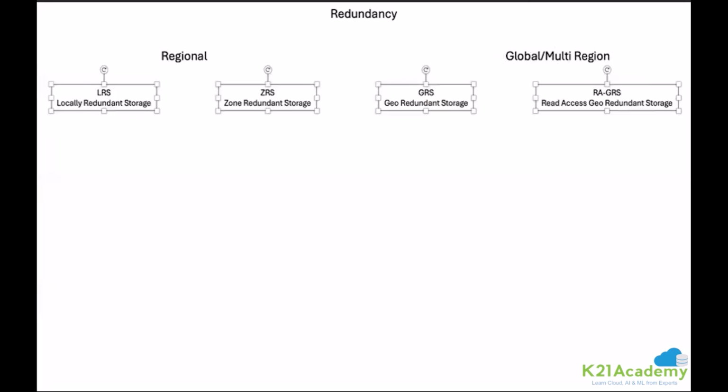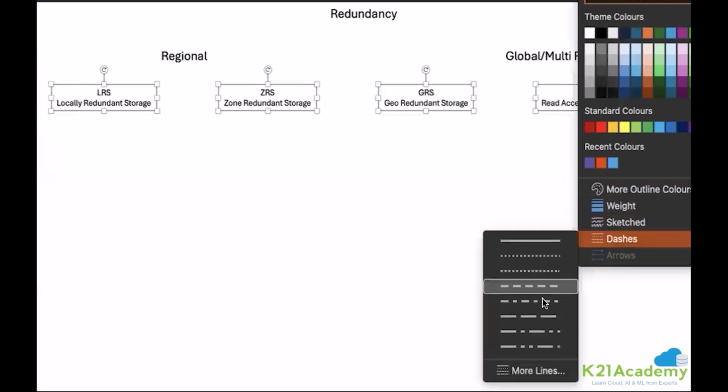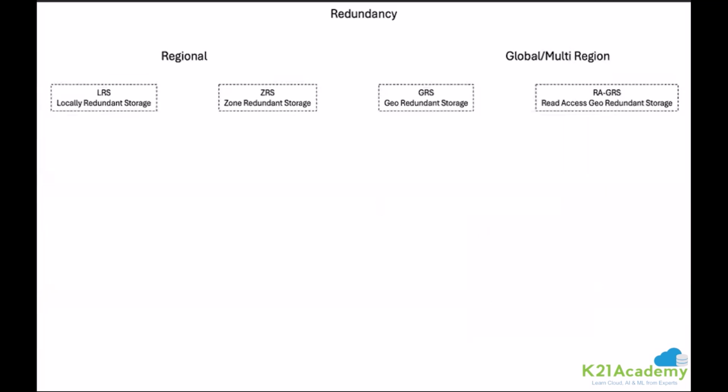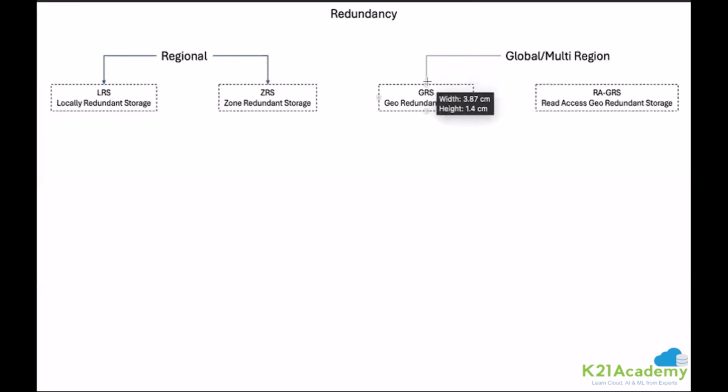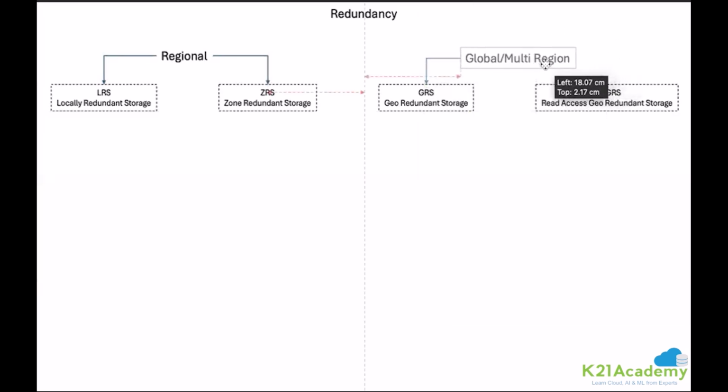So here we have the 4 different redundancy mechanisms provided by Microsoft Azure. LRS and ZRS both belong to region-based redundancy, whereas we have GRS and RA-GRS, which are considered global or multi-region redundancy as part of the offerings.